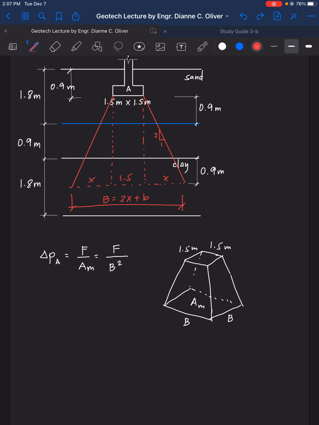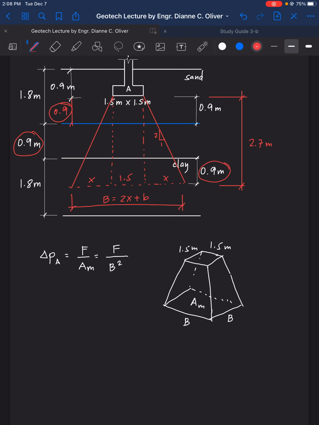From the triangle, what's the height of the triangle? This is 0.9, this is 0.9 plus 0.9 plus another 0.9 here. So the height of the triangle is 2.7 meters.